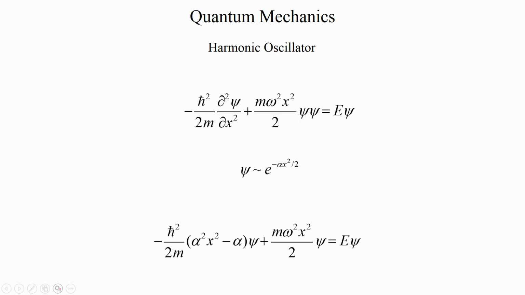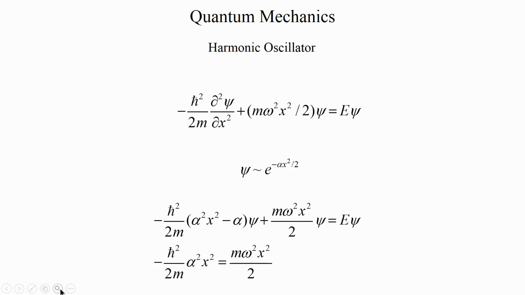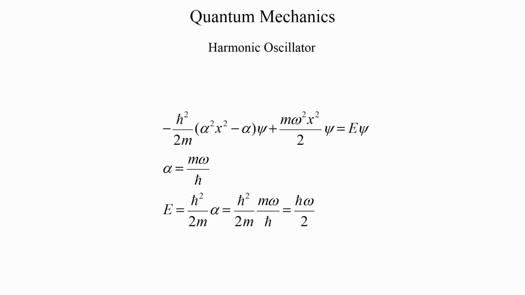So, here is all this written out quite neatly. I need these two terms to be equal, and therefore, my alpha has to be m omega by h bar. If alpha is equal to m omega by h bar, then I can now use this particular value of alpha to calculate what my E is. Now, these two terms have cancelled off.